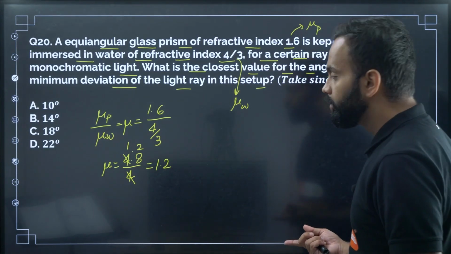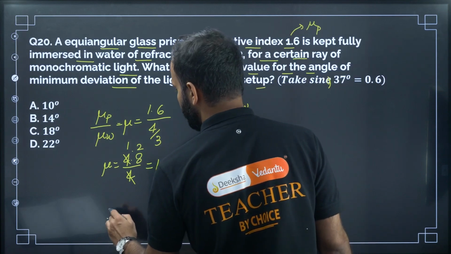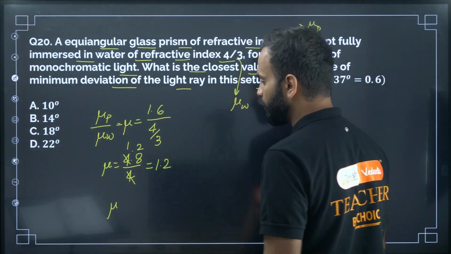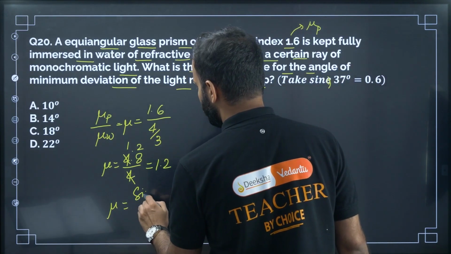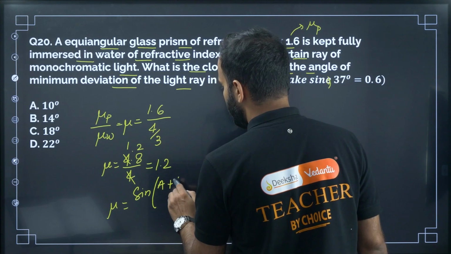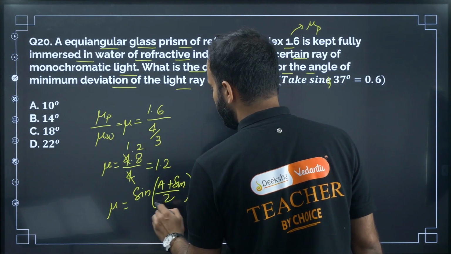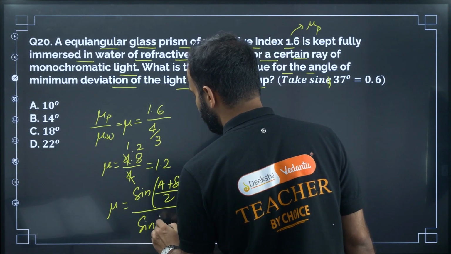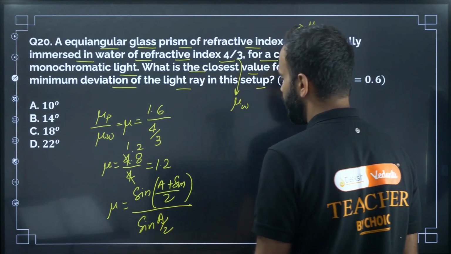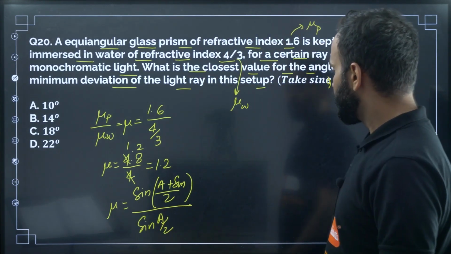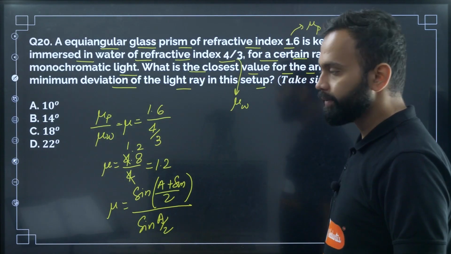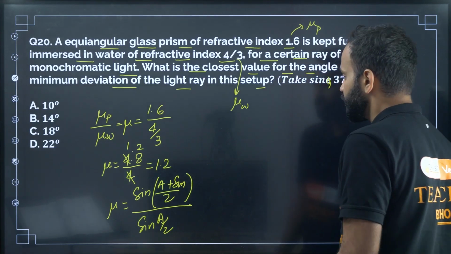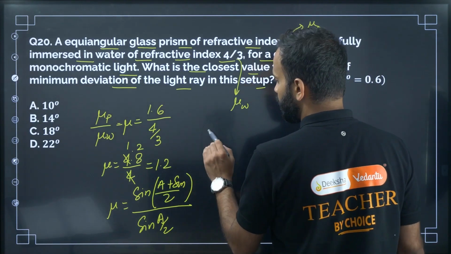So now apply the prism refractive index formula, mu equal to sine of (A plus delta minimum) divided by 2, whole divided by sine of A by 2. So angle of the prism is 60 degree. So mu equal to 1.2.